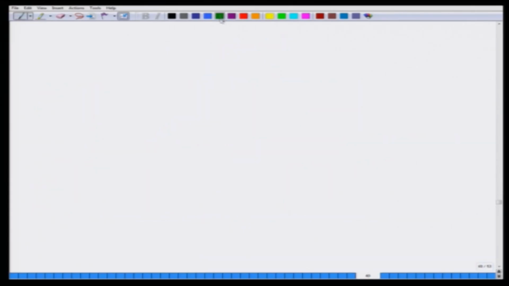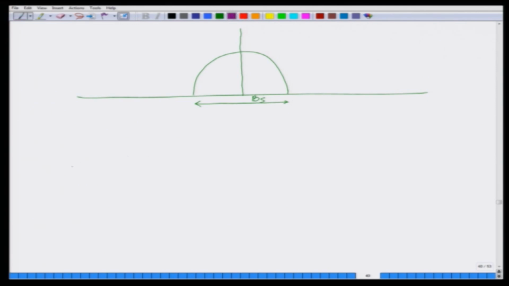Now, when Bs is greater than Bc, let us say this is my signal with bandwidth Bs, and this is greater than my channel bandwidth.